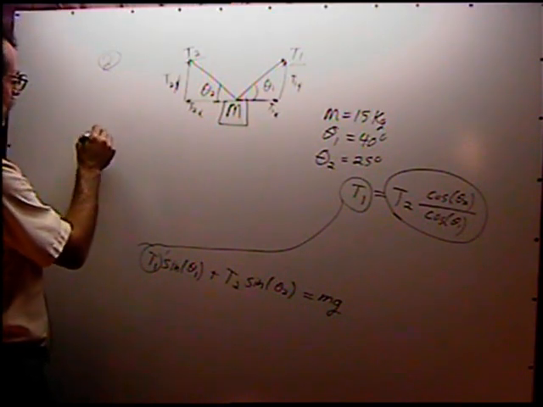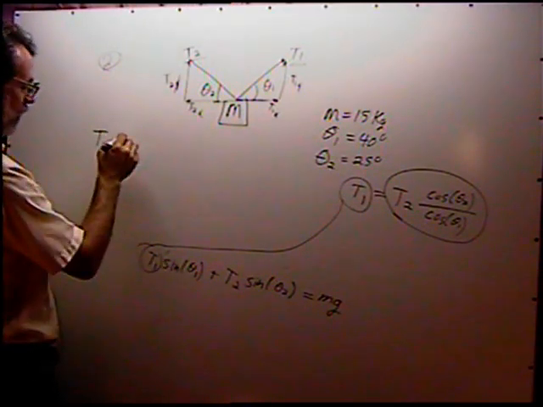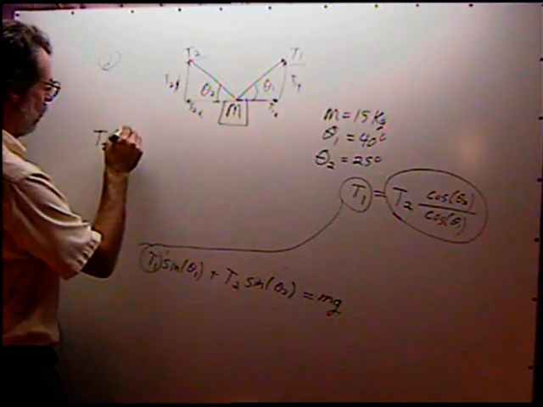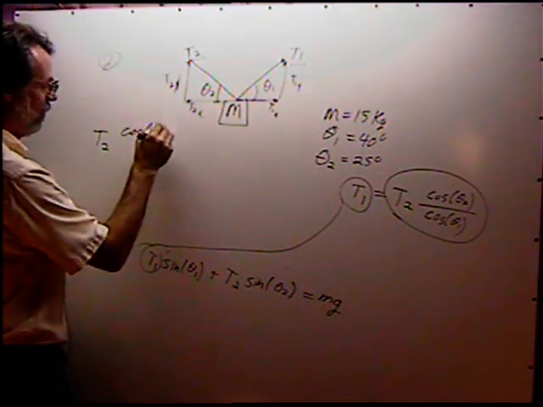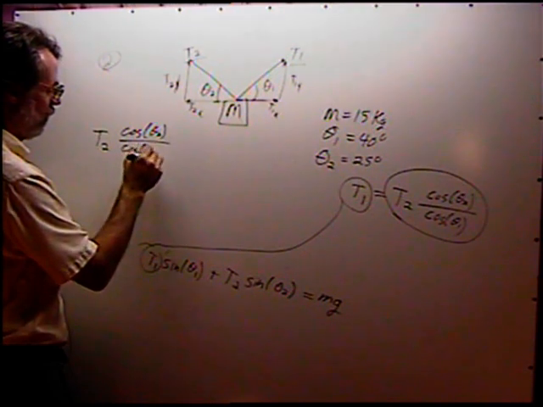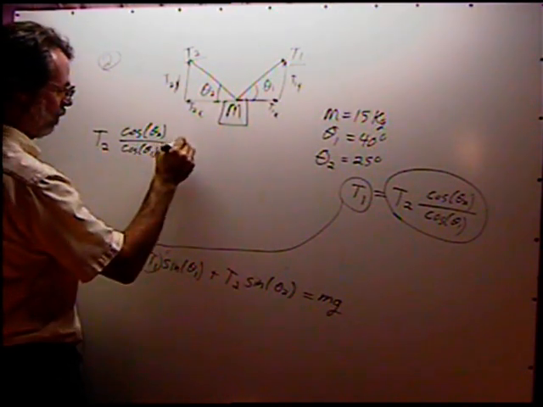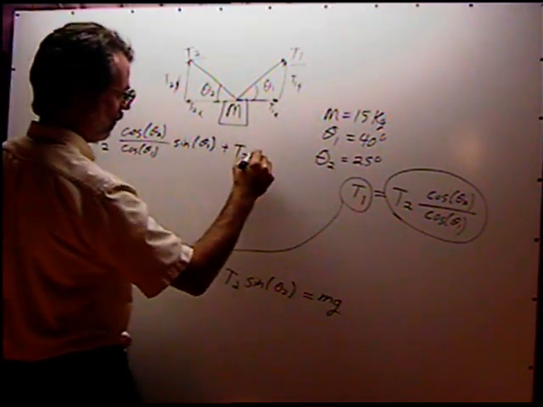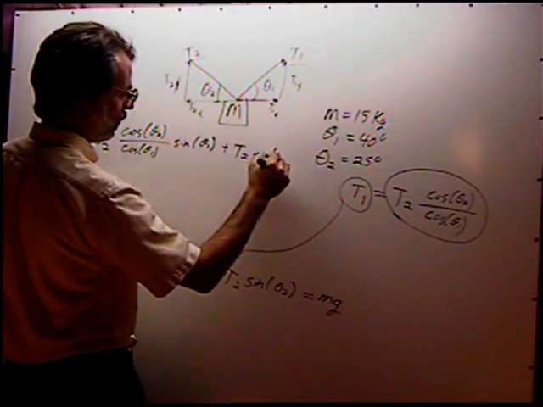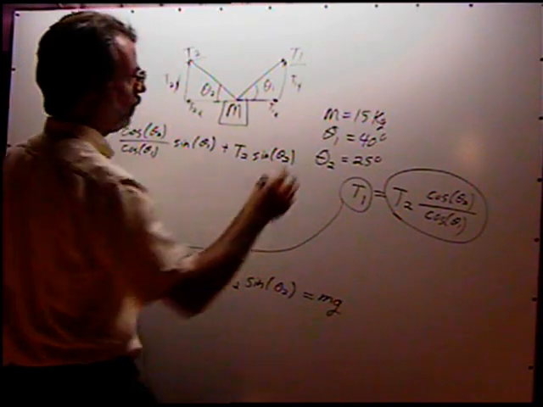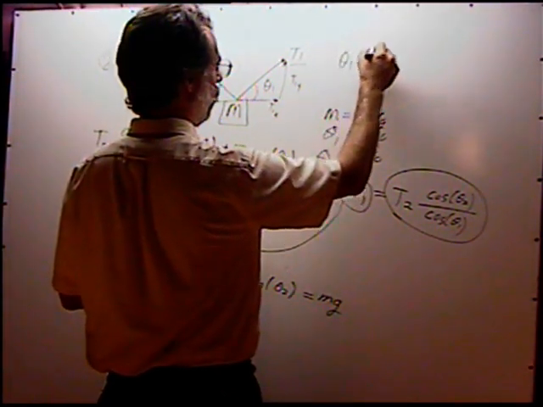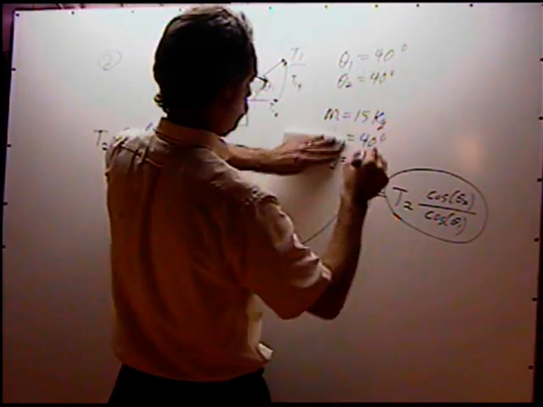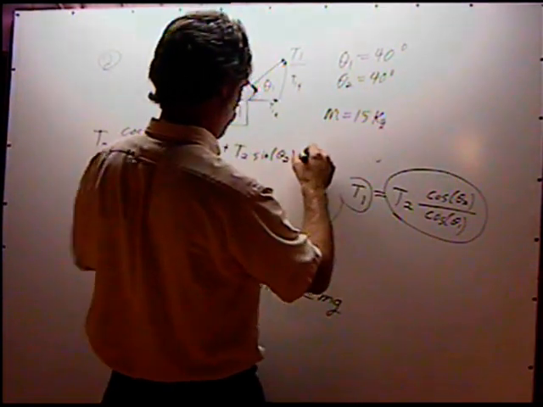And we get T2 times cosine of theta 2 divided by cosine of theta 1, times sine theta 1, plus T2 sine of theta 2, equals mg.